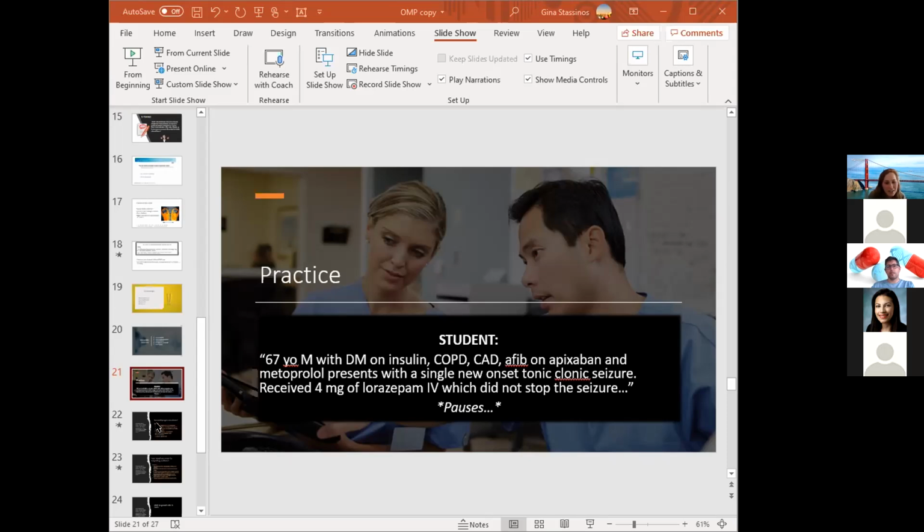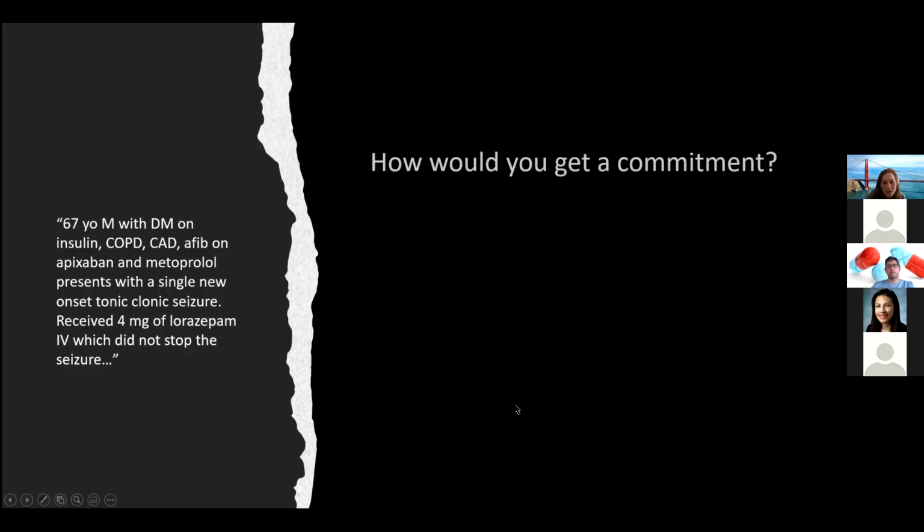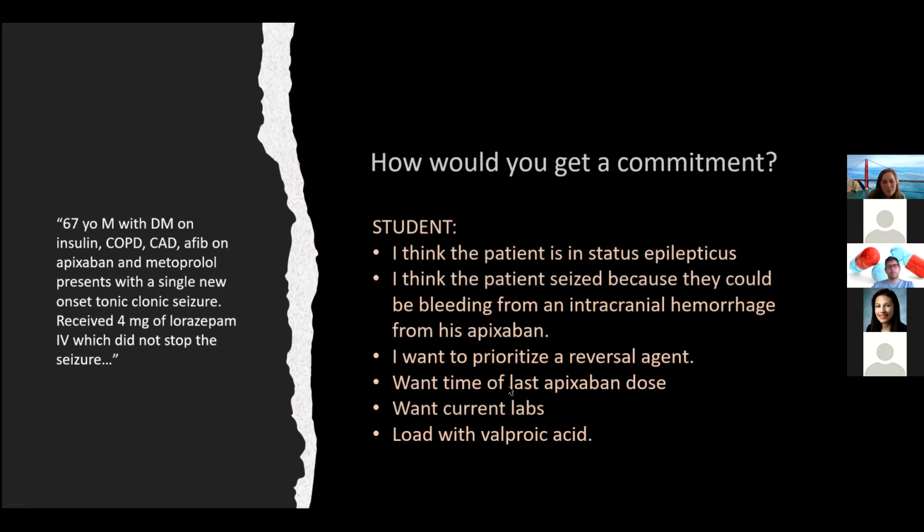So great, I see a lot of good comments. I'm gonna go ahead and give you some hypotheticals. What if the student came to you and said, okay, here's my commitment. What I think is going on is the patient is in status epilepticus. I think the patient seizes because they're bleeding from an ICH from the apixaban.